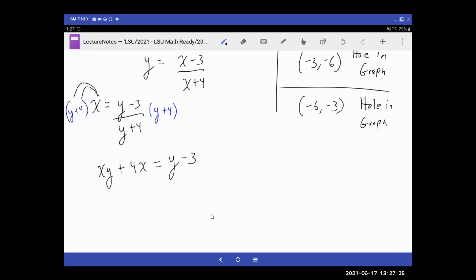I'm going to subtract y from both sides to cancel this one out. That'll leave me with x times y minus y. I'm also going to subtract 4x from both sides to get rid of this one, trying to get the y's all on the left side. So again, I subtracted y and subtracted 4x, so they basically switch places. Factor out a y.